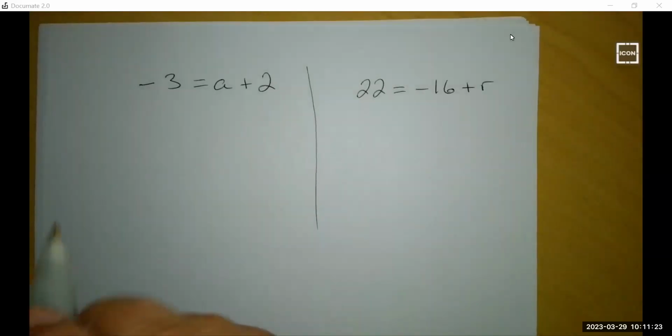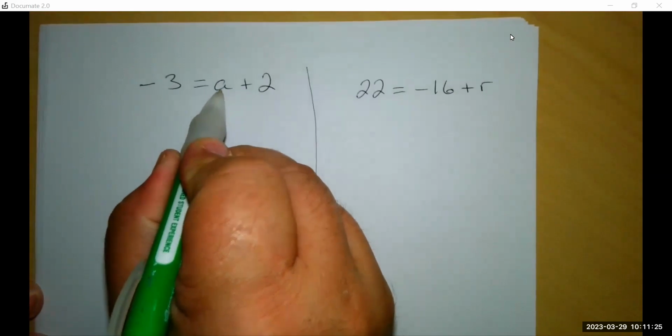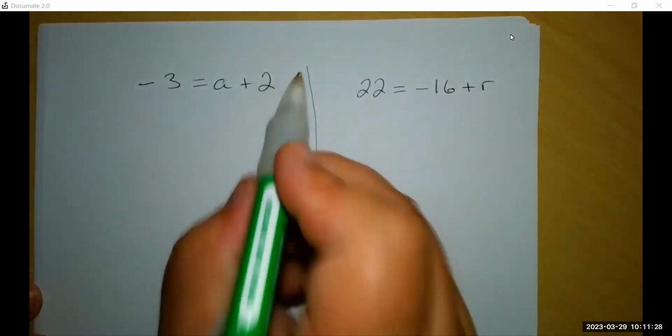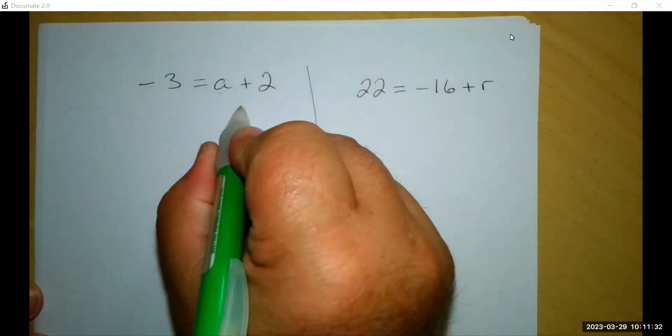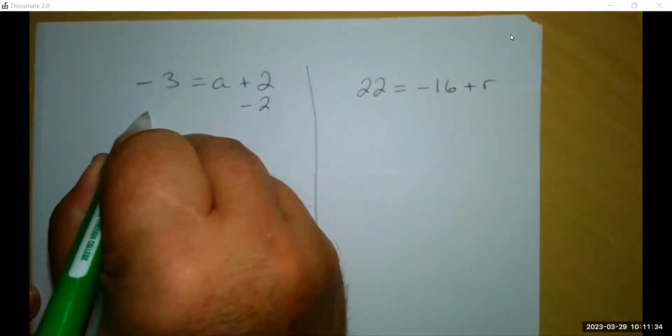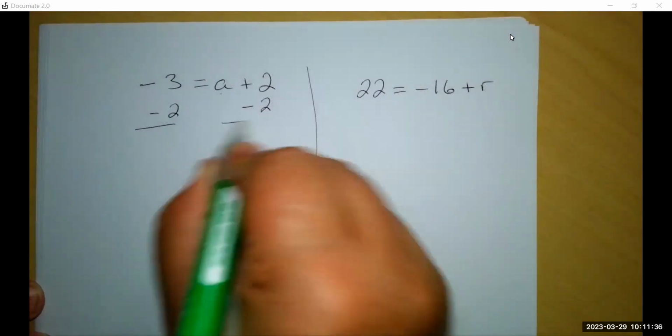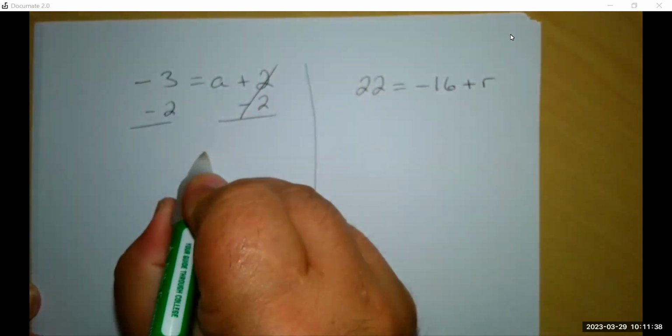On the left one, we want to get the variable by itself. So we have to get rid of what? The plus 2. How do you get rid of plus 2? Minus 2. So those cancel.